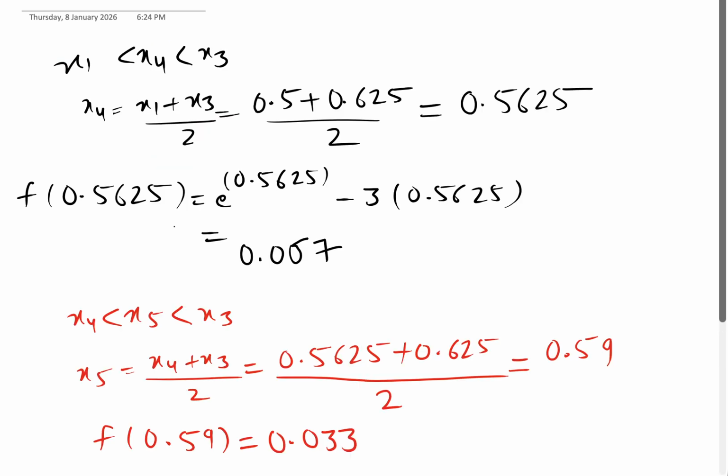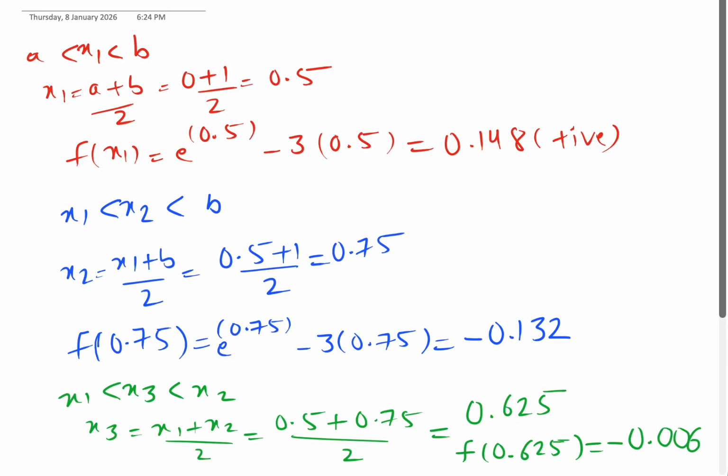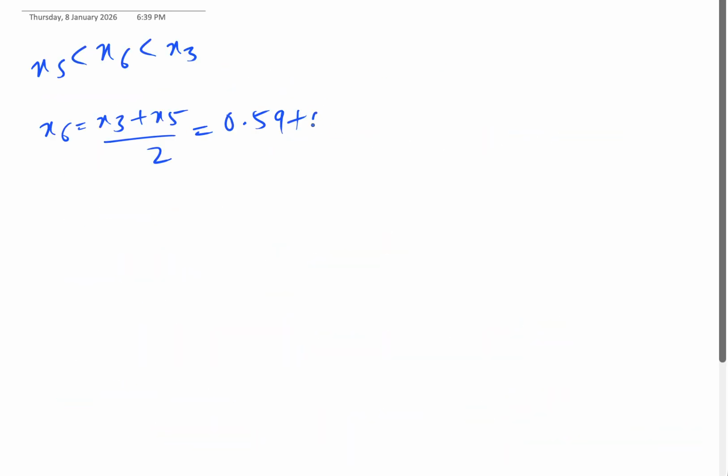What is x5? 0.59 plus x3, 0.625, divided by 2, it's 0.607.